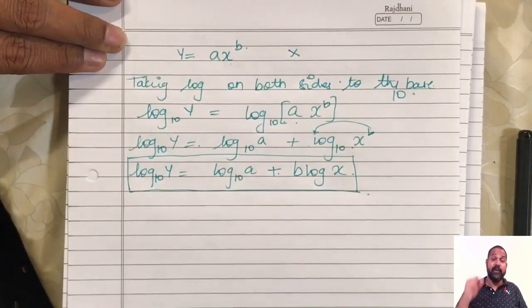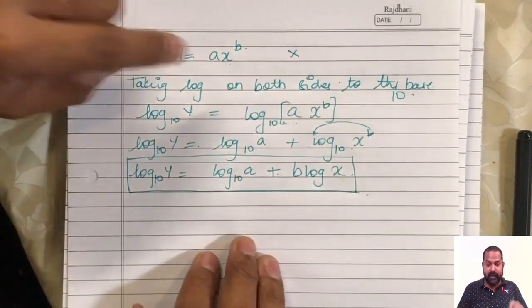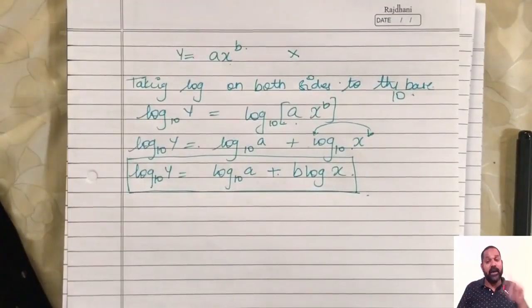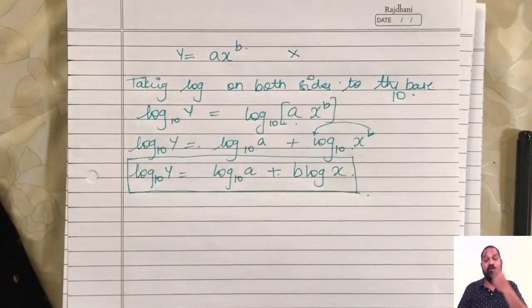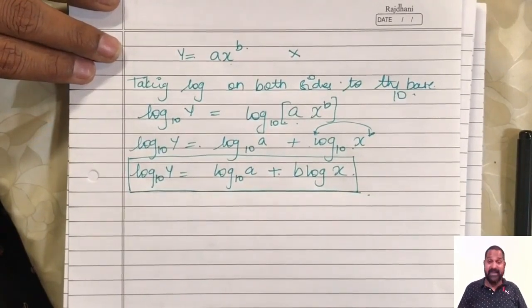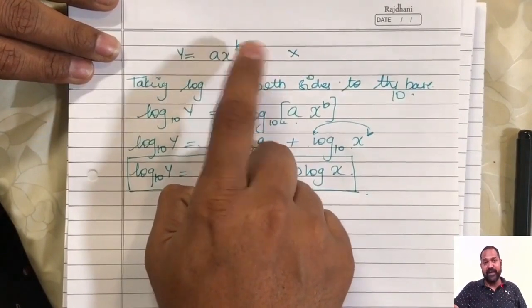What do you mean by learning curve coefficient? If the learning rate is 80%, then b is the log of 80%, but that log is taken to the base 2 because learning happens to the power of 2. Because that is to the base 2, I change the base and find a value.